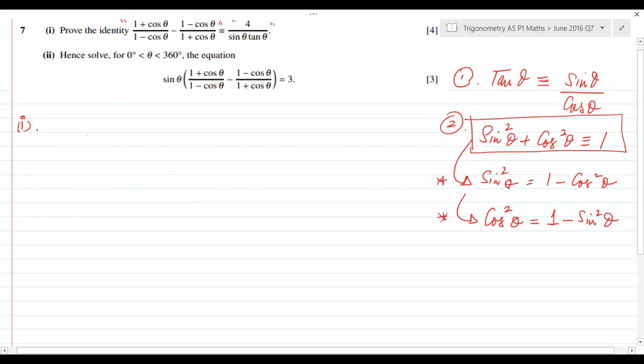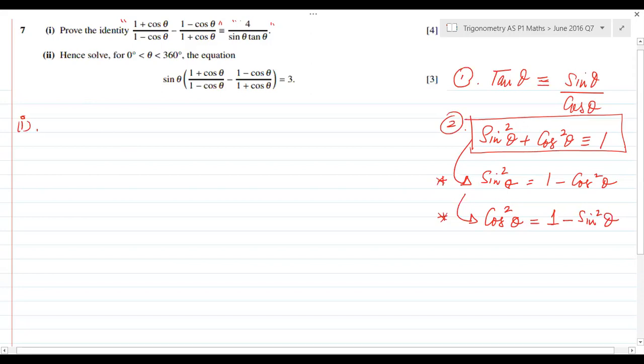You can prove the left hand side is equal to the right hand side, or the right hand side is equal to the left hand side. That's your choice. I always select the side which is harder or longer and more complicated. Then it's easy to solve it and get the answer.